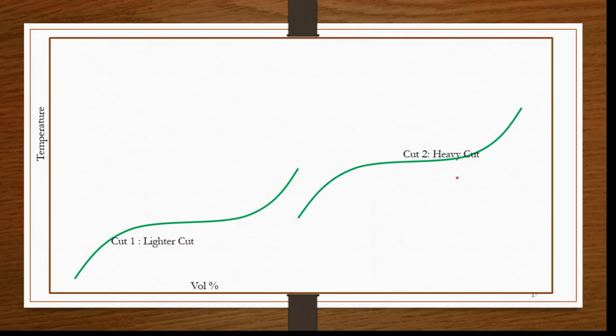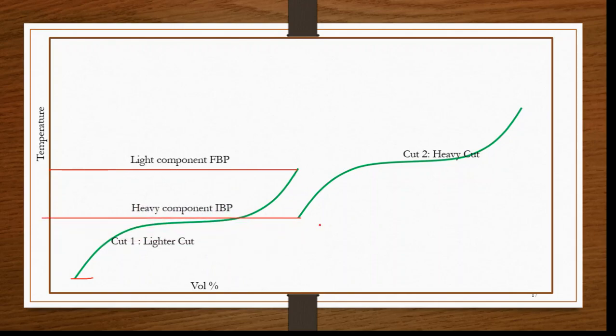The second important thing you all should know is, as I have already discussed, the initial boiling point of cut 1 and final boiling points. So this is the light component final boiling point, and we are much more concerned about these two, and the heavy component initial boiling point. So this point and these two points are very important.